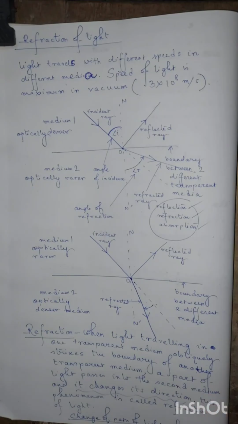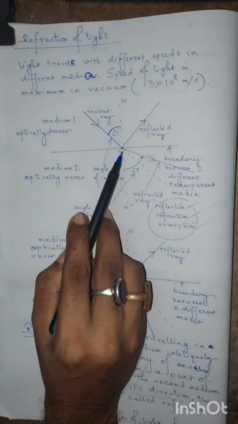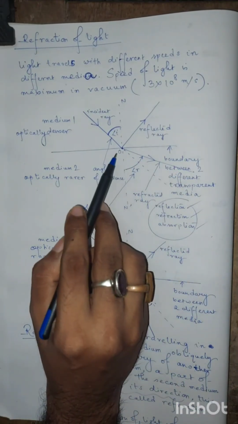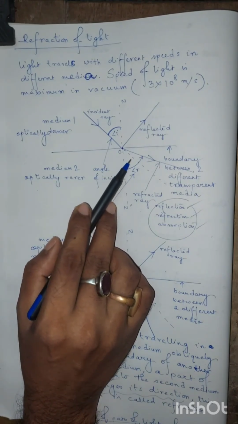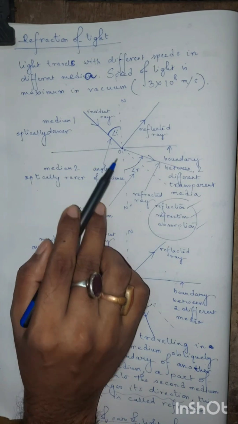Okay, same for this diagram. Now one more thing, the angle between the refracted ray and the path that the incident ray should be following.